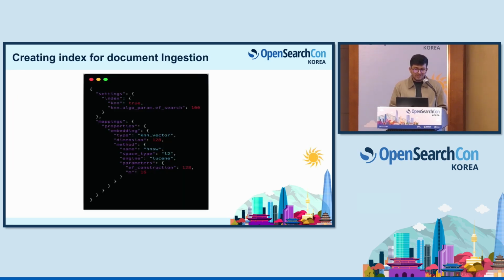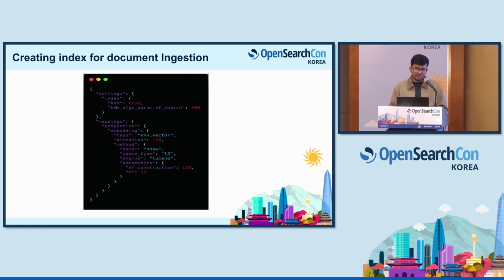The first thing for us is to create an index of our documents. We need to index whatever documents we have into the containerized OpenSearch vector database. I'll walk you through this structure. This is a very simple index JSON that I have. Here we are setting up the algorithm that we want.